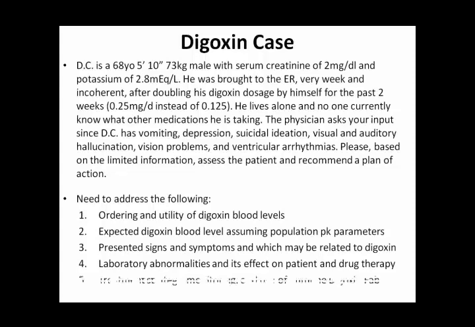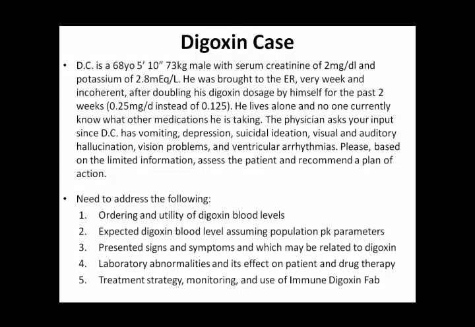Then the important thing is that we need to counsel the patient not to change the dose on their own. The patient may have had hypokalemia first, or his congestive heart failure may have deteriorated by itself, so he decided to increase the dose. So which one happened first?